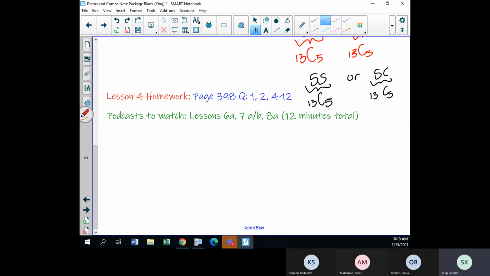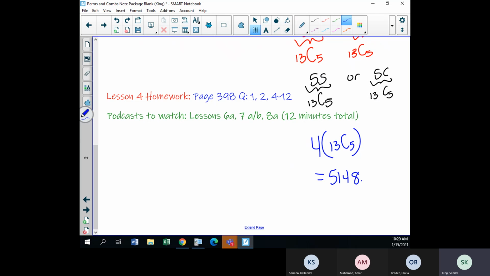The way the textbook did it is they did 13 choose 5. And what do they multiply that number by? 4, right? Because this plus this plus this plus this is the exact same thing as whatever 13 choose 5 is, multiply that number by 4, and you should get 5,148, whether you add or whether you do it that other method.